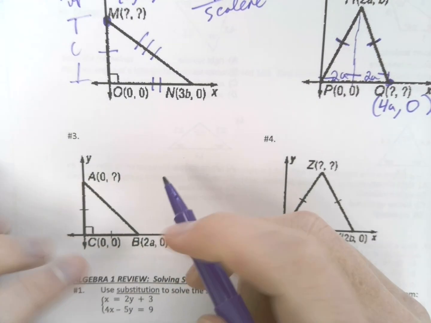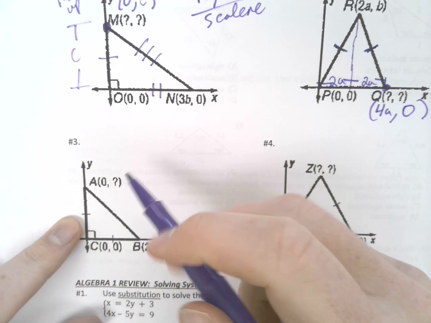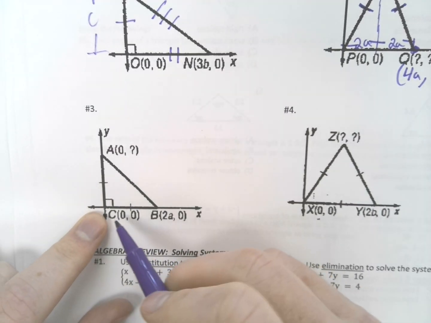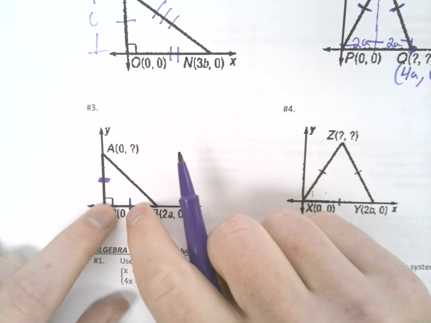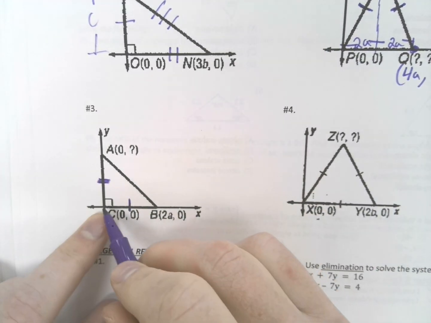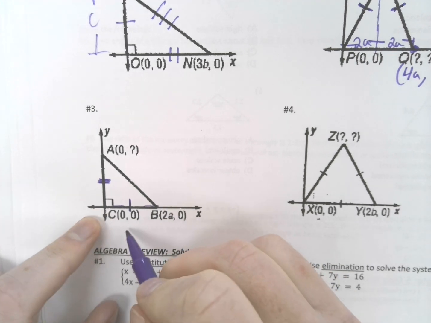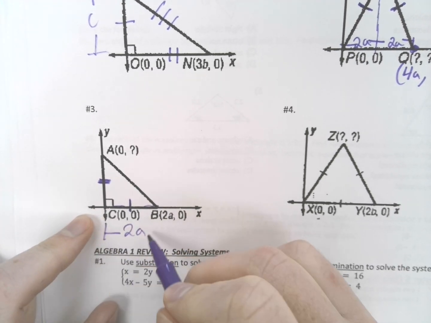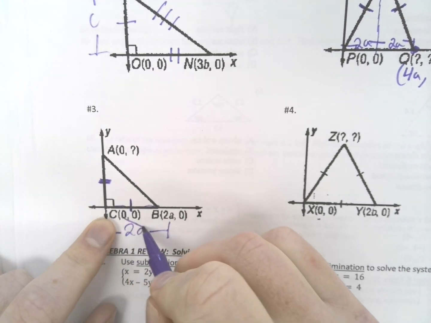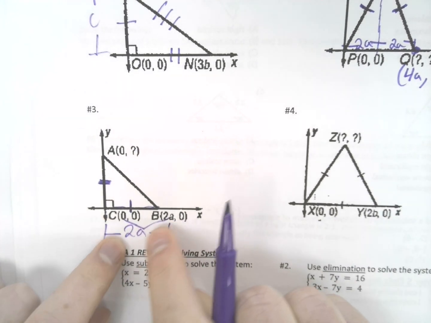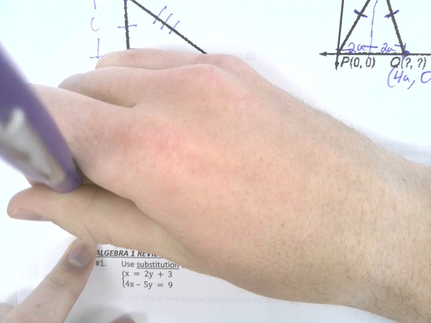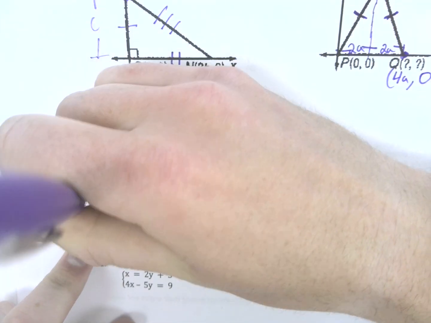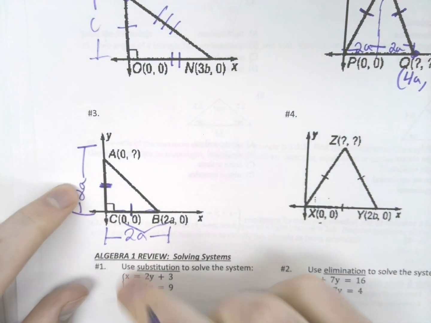Let's look at number 3. Okay, so we know this piece and this piece are congruent, going to be the same. So we went from 0, this is a distance of 2a. From 0 to 2a, that's 2a difference, which means that's also going to be 2a.